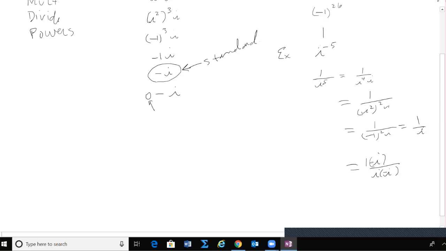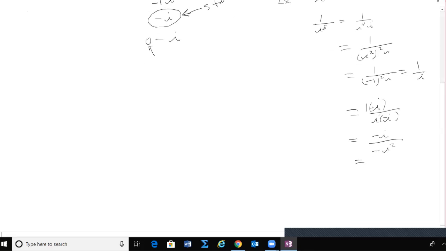A negative in this case doesn't bother us too much, but I can use the conjugate. That makes a negative i up there. Down here it makes it negative i squared. Well, one more step gives us negative i over negative 1, which is negative i. And that's my final answer.